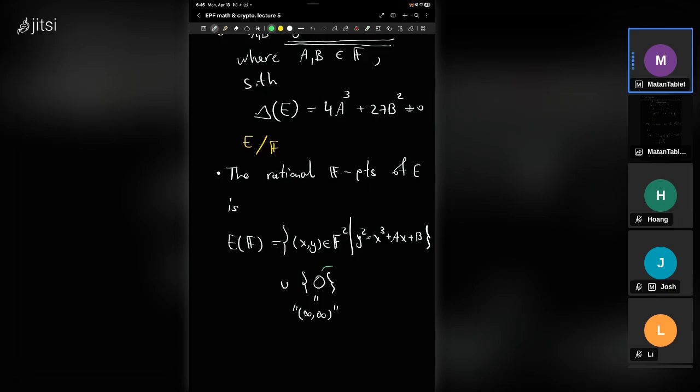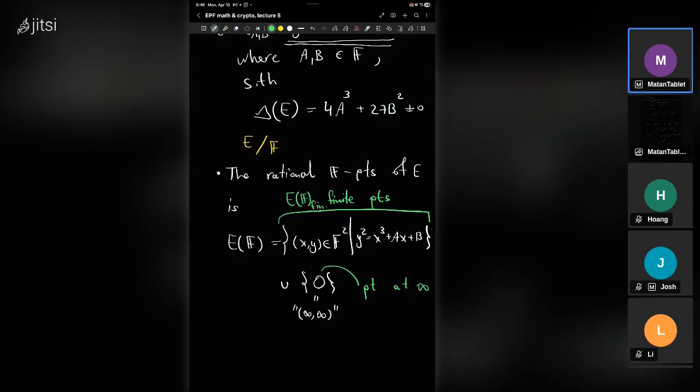This is called the point at infinity. And these guys are called the finite points. So finite simply means that they are not the point at infinity, and the notation here is E of F finite. Okay, so that's an elliptic curve.